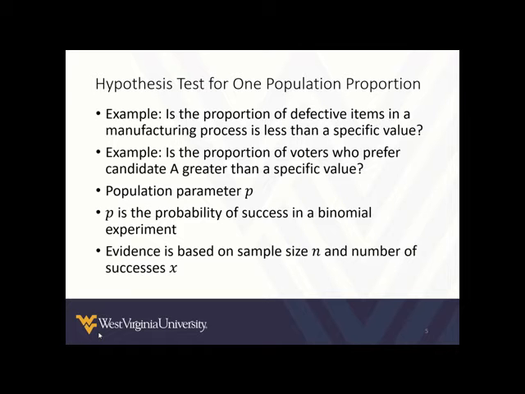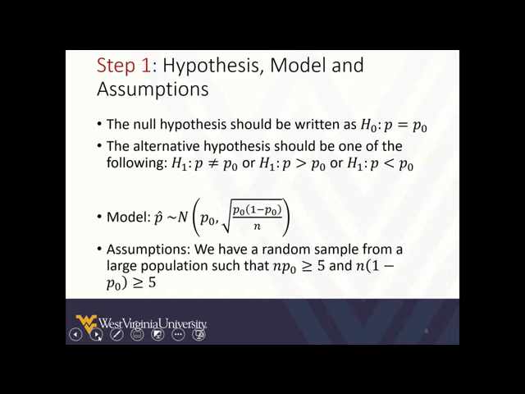And so the evidence that we are going to be using for these cases is based on our sample size n and our corresponding number of successes x. So to begin with Step 1, which is our hypothesis, model, and assumptions, the null hypothesis should be written as H0: P equals whatever our hypothesized value is going to be.